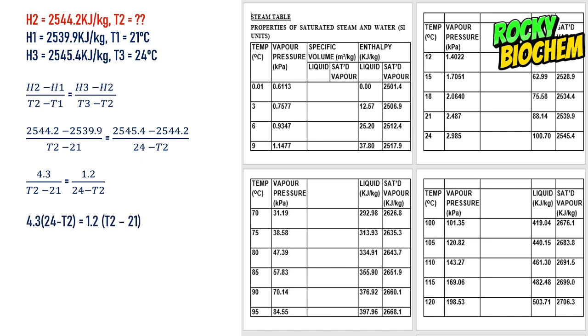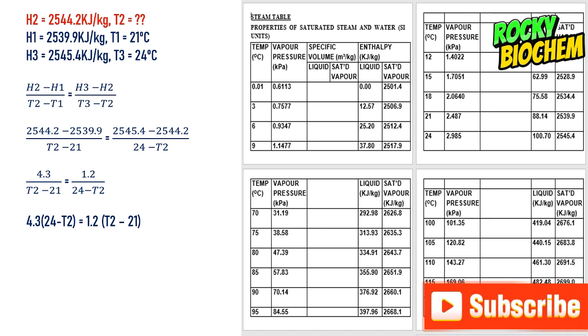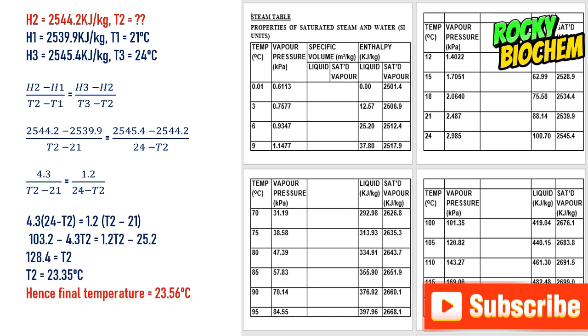I have already spoken about how this calculation is done, and I've mentioned it over and over, so I expect you to understand it, follow it, and use it for the calculation. Kindly try going through the calculation, and at the end of the day you get your final temperature to be equal to 23.56 degrees Celsius.